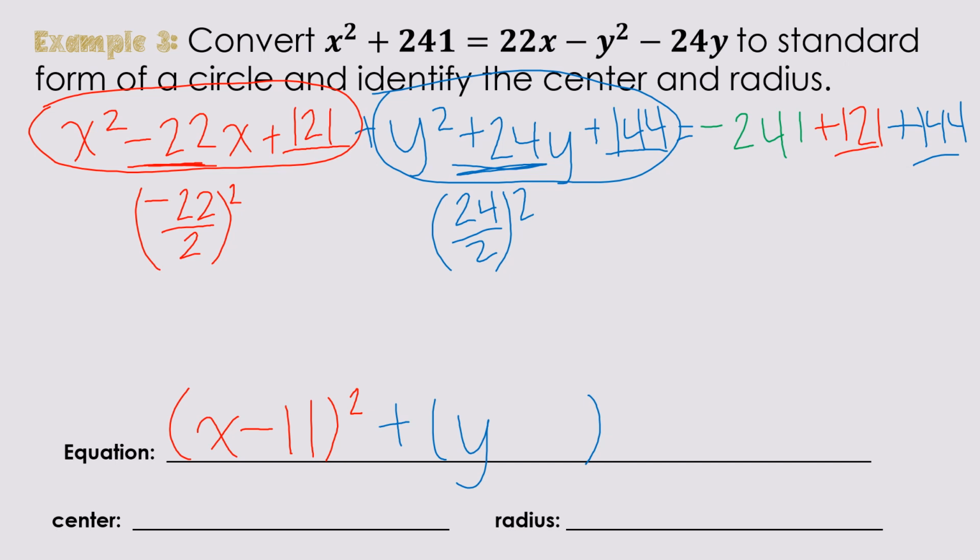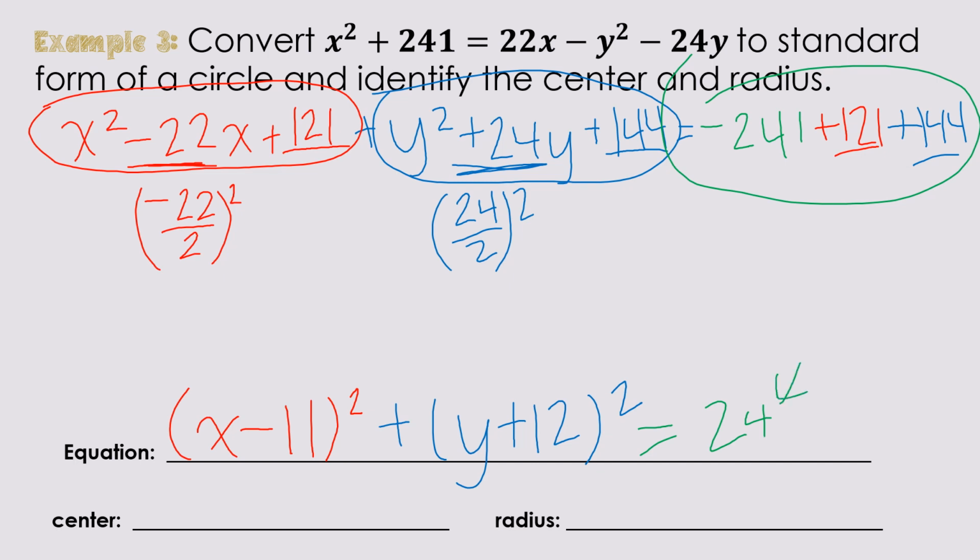So b was 24, so half of that is +12 squared, and then equals, and then we're going to combine -241 with 121 and 144, which is 24. You should never get a negative number at that point, because if this number represents r squared, right, there's no number squared that can be a negative.